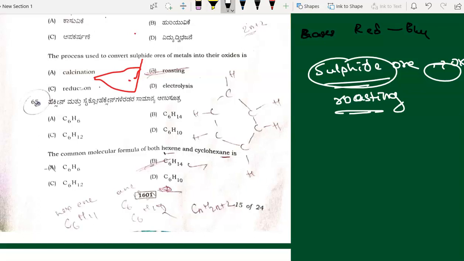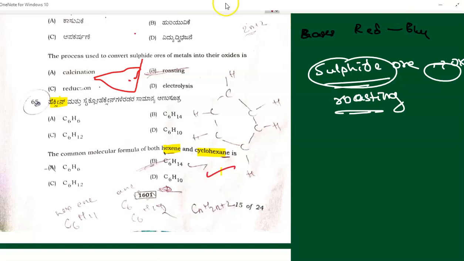Then the important question here, and in this question we have a problem. See here, hexene, it is a debatable one. Mostly you are going to get grace marks for this. Hexene and cyclohexane are not isomers.